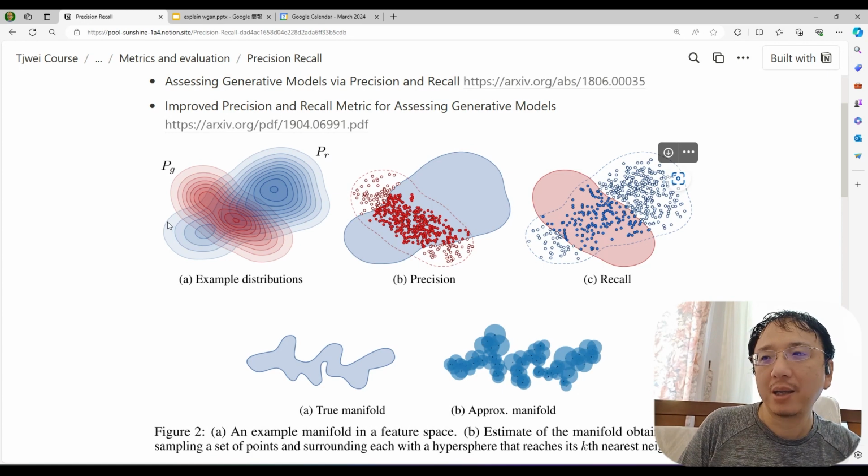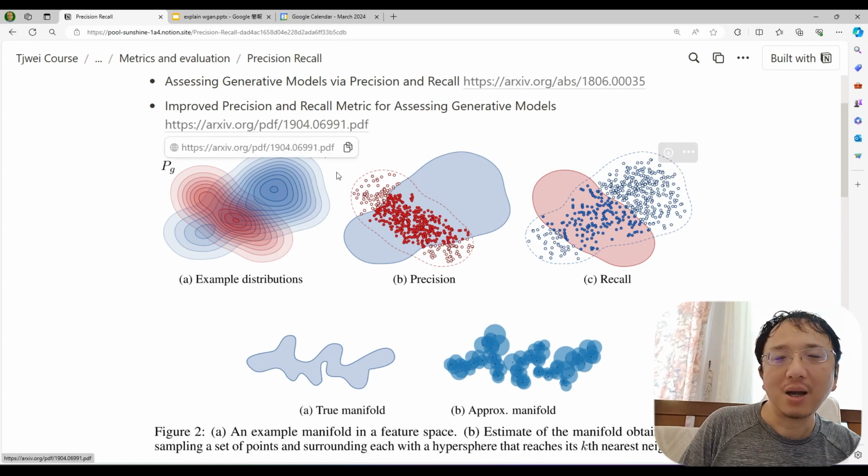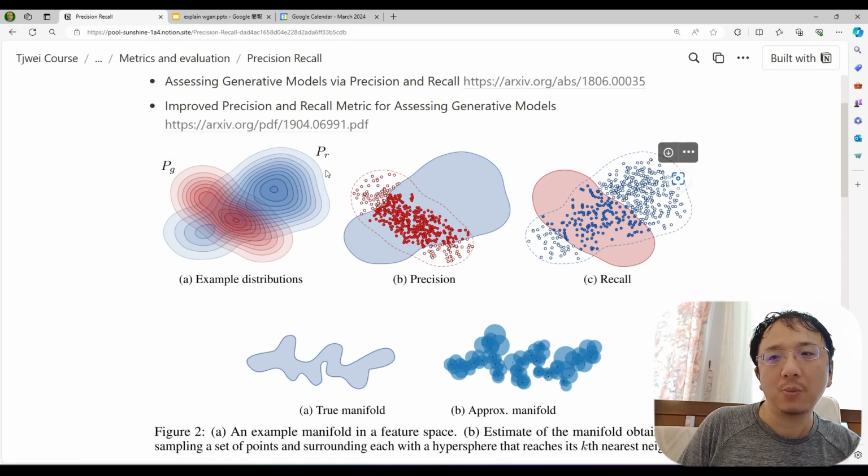By computing the precision, we measure how many generated images are in fact real. So we are computing the percentage of the true positive over all predicted positive. On the other hand, the recall means how many positive images, how many real images, can actually be generated by our model.